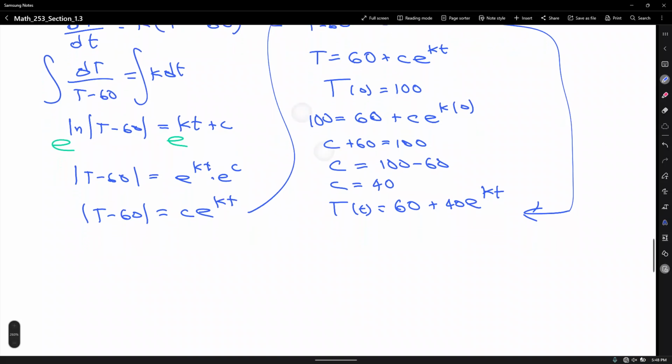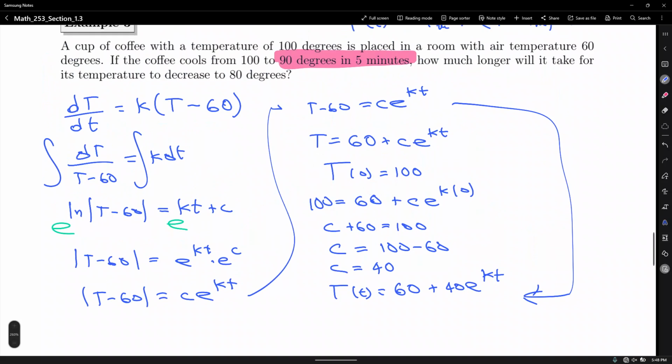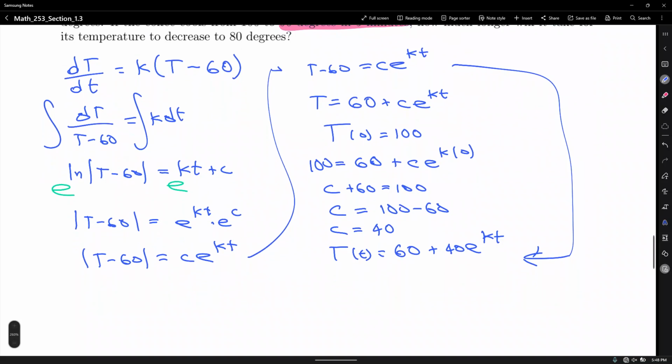I don't want to spoil things. With this information I highlighted, I'm going to write T of 5 equals 90, because that's what it takes for the coffee to cool down from 100 degrees to 90 degrees.